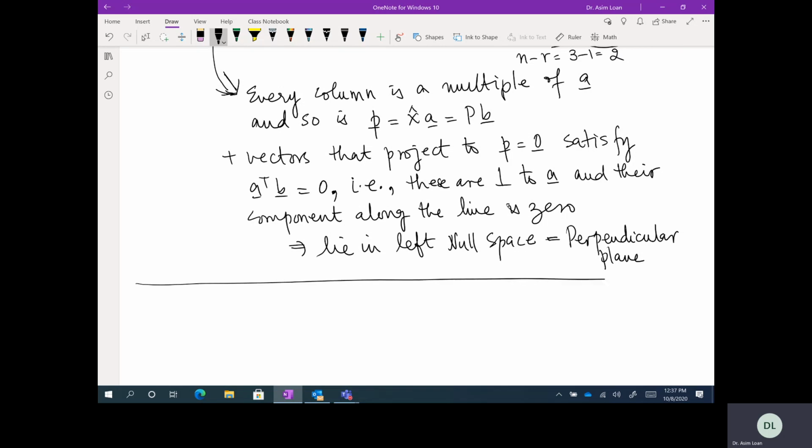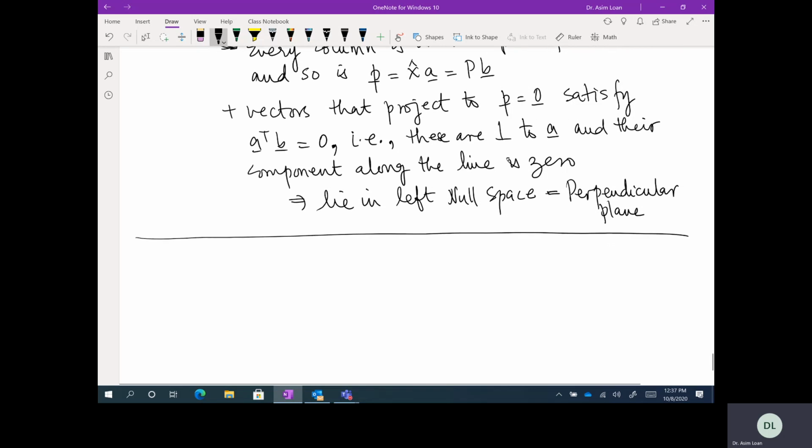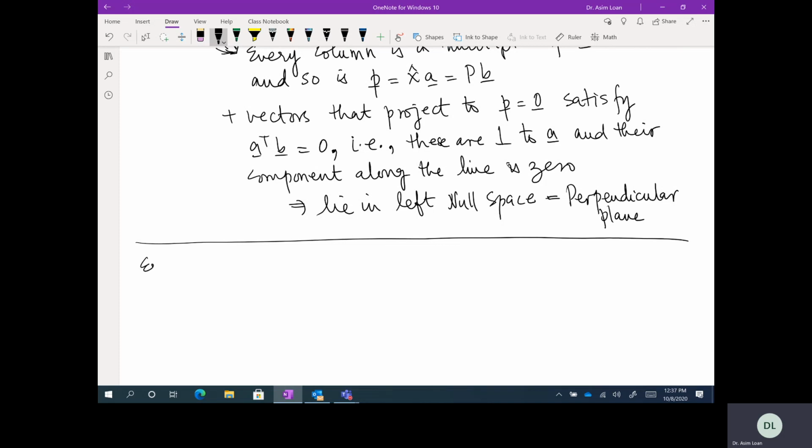Okay, so the last example before we sign off is projection onto theta direction in xy plane.